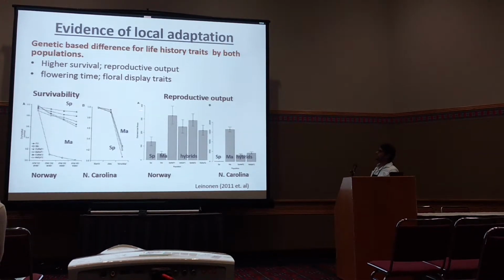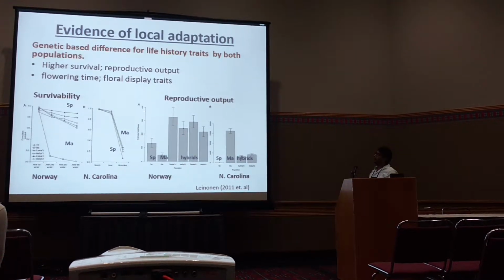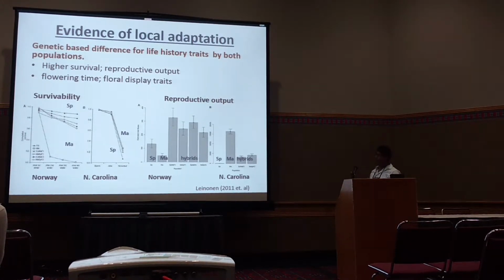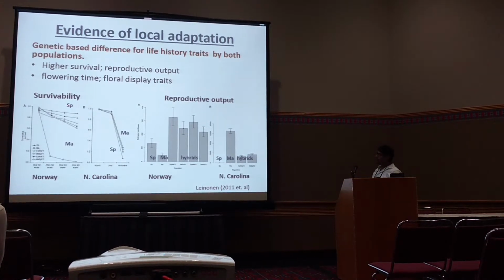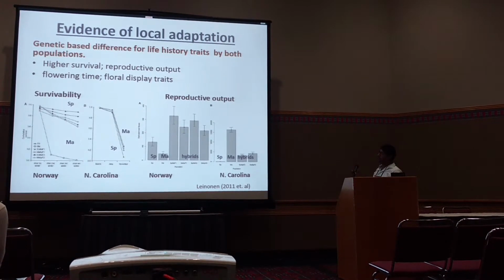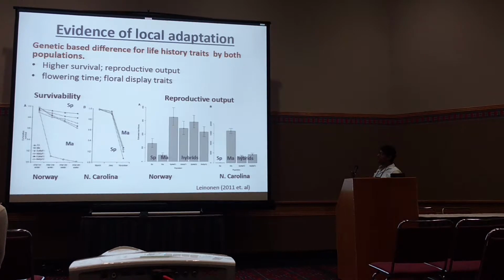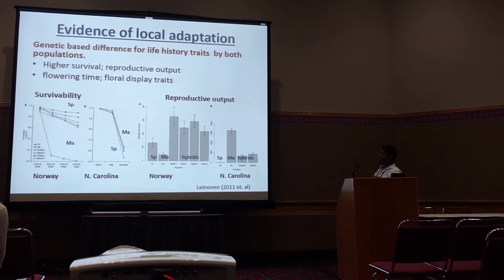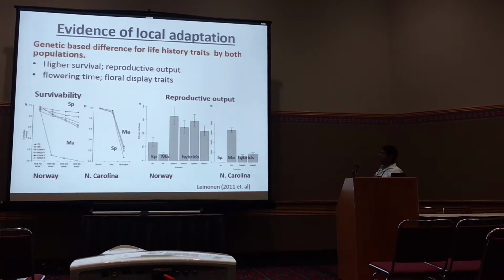In the same study, they found that these life history trade-offs had a very strong genetic and environmental basis. In the Norway environment, the non-native population has lower survivability, but the native population has higher survivability.